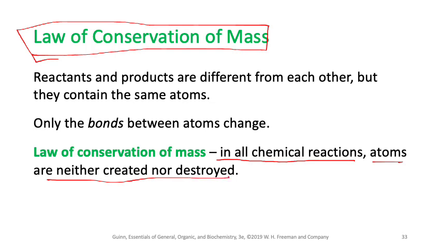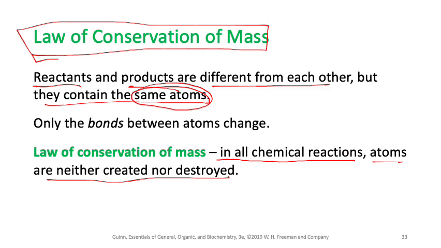It means you cannot create an atom, you cannot destroy an atom. So whatever atoms you use at the beginning, you have to have the same number of atoms at the end of the reaction, right? So reactant and product are different from each other, but they contain the same number of atoms. This is the important line, right?